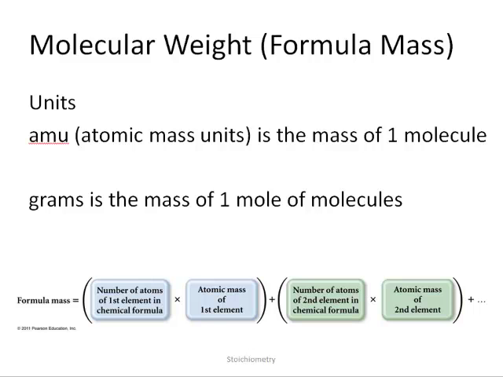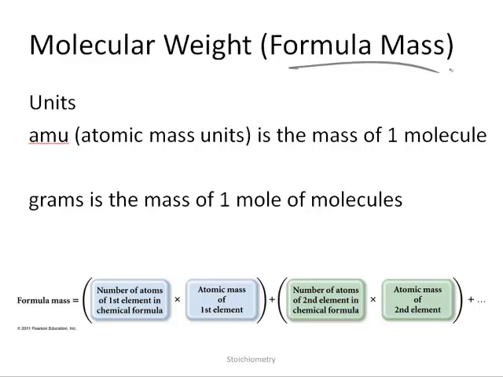If we want to convert from grams to moles, or moles to atoms for compounds, we actually have to calculate the molecular weight of the entire compound or molecule. Now these molar masses are sometimes called a couple of different things.